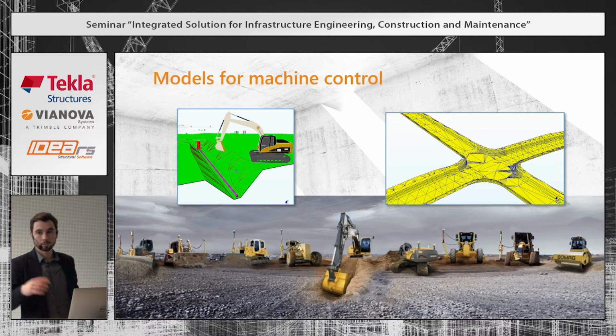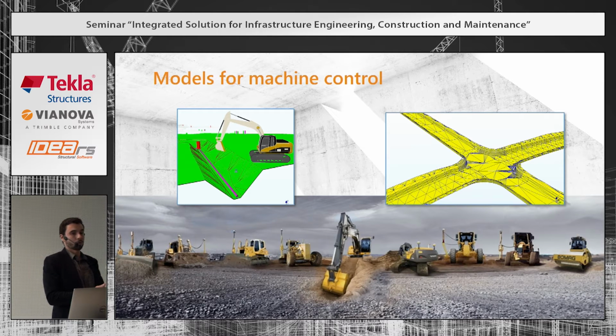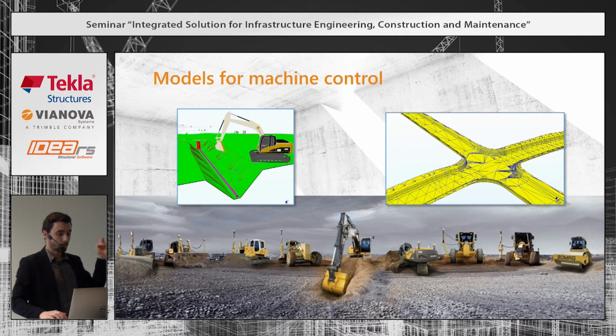And what I was talking here also with Trimble people or SciTech people, it's also coming here a lot. This gives a lot of requirements to the designer. It's not enough anymore to have cross sections every 20 meters and not care what's between those 20 meters. That's no longer possible because you have to have a continuous model which the machine is then stupidly following. So that's the main challenge here.